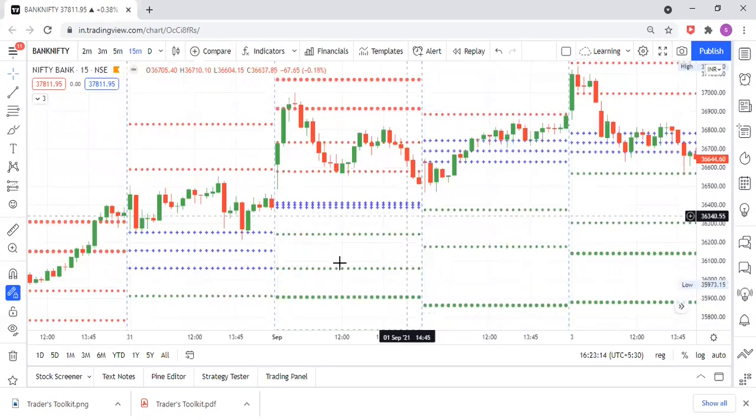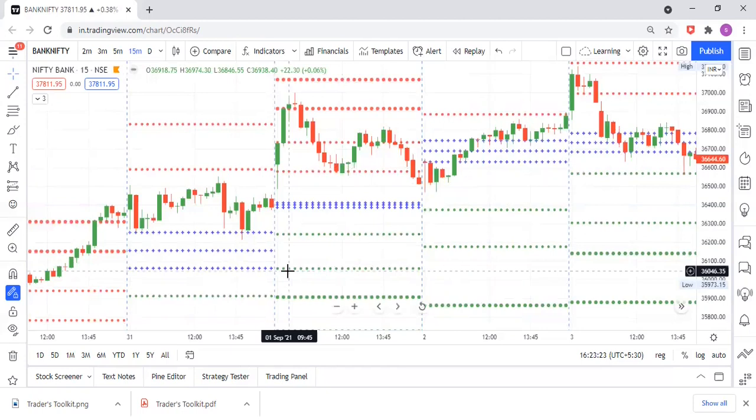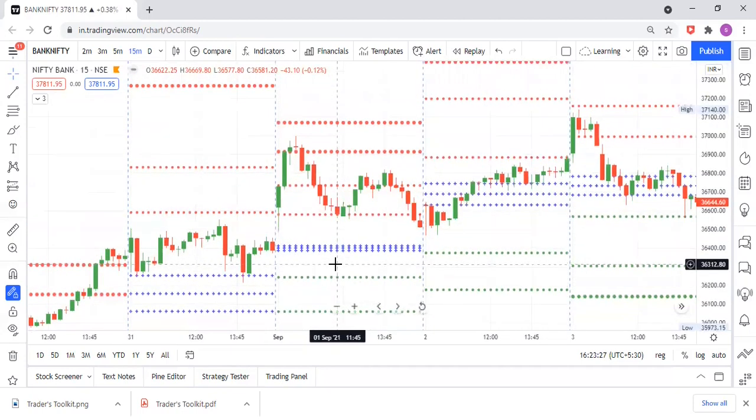So today, the question that we have here is, does the CPR really work in trading, especially in intraday trading? To understand that, we are going to look at a random sequence of days to see whether the CPR is able to accomplish whatever it is supposed to do.